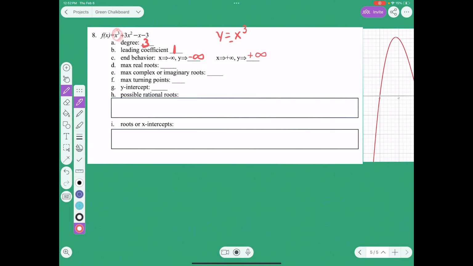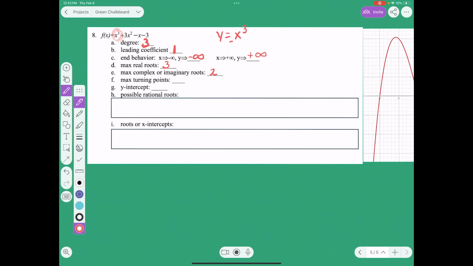The max number of real roots is always going to be our degree, and we can have a maximum of 3. We may have a couple imaginary, but we have a maximum number of 3 that could be there. The maximum number of complex or imaginary roots, again, they come in pairs, so the most I could have with a third degree polynomial is 2.